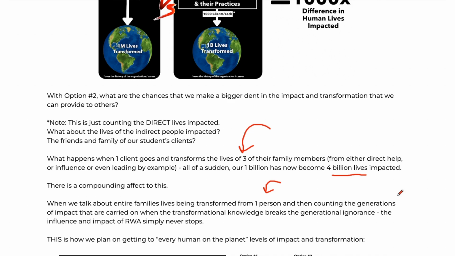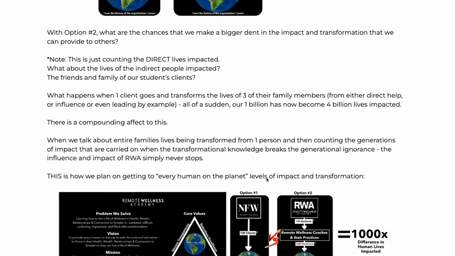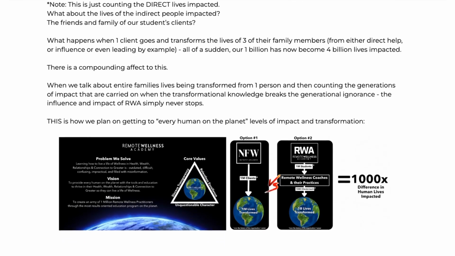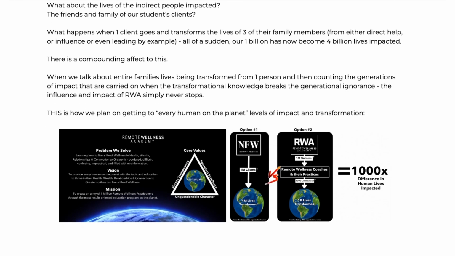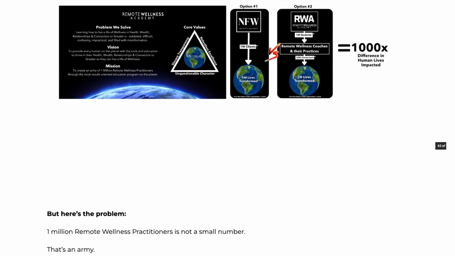And so this, ladies and gentlemen, is how we plan on getting to every human on the planet levels of transformation and impact. That is how our vision and our mission come together. And that is how we 1000x, not 10x, not 100x, 1000x the difference in the lives that we are able to impact with the mission and the vision that we have as an organization.